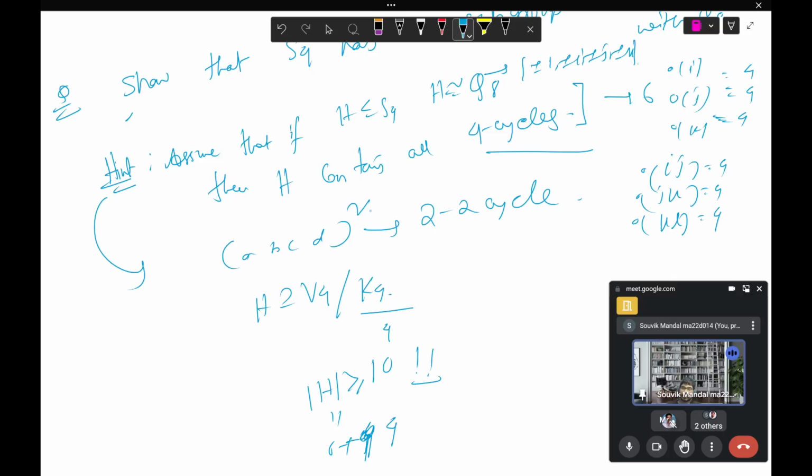Since H contains all 4-cycles, you will get all possible 2-2 cycles of S4 inside H. Now the collection of all 2-2 cycles along with the identity element is a subgroup of S4, namely the Klein 4 subgroup, whose order is 4. So the number of elements of H is at least 6 plus 4, which is 10. But H is isomorphic to Q8, so the order of H is 8. That's the contradiction.